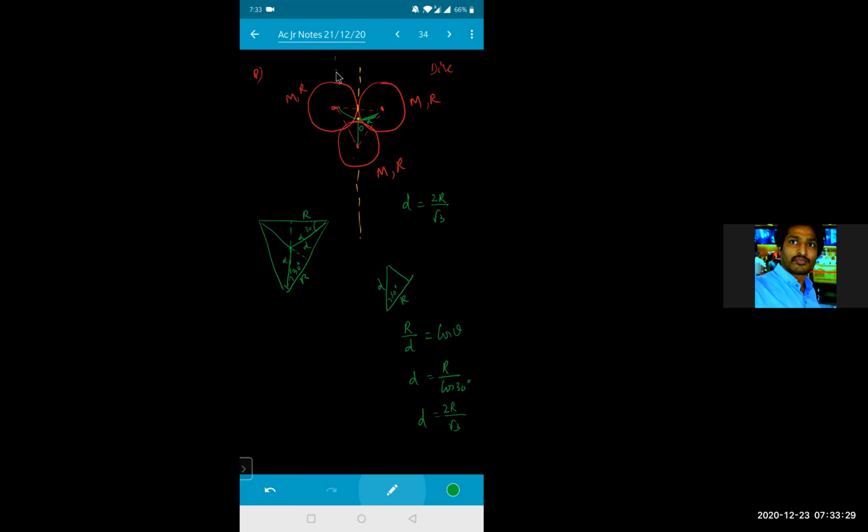What is the distance between the two? This perpendicular distance between the two parallel axes. So the moment of inertia for one disk will be equal to I CM plus m d square.